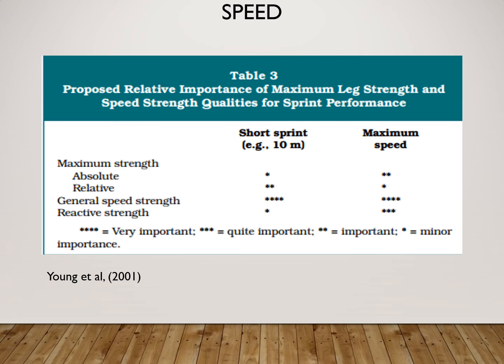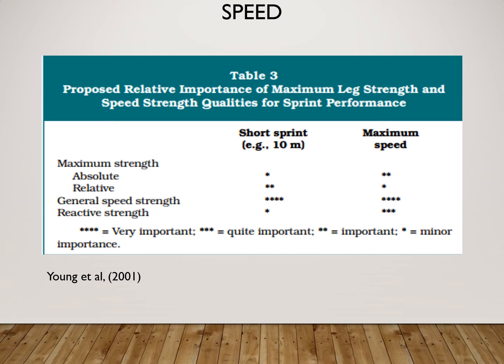For the short sprint, the general speed strength and the relative maximal strength are most important, compared to maximal speed, where again the general speed strength is important, but also the reactive strength.